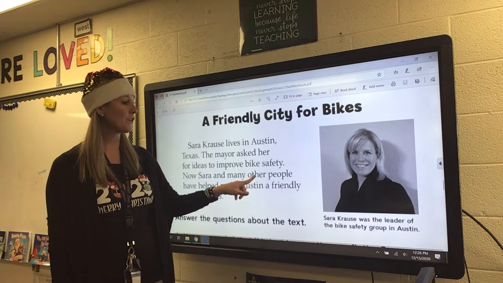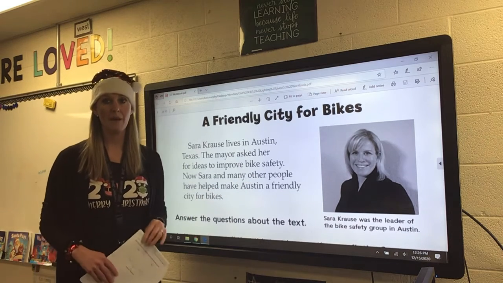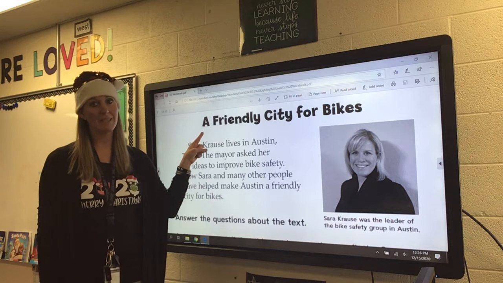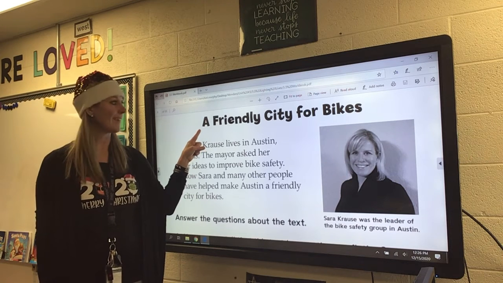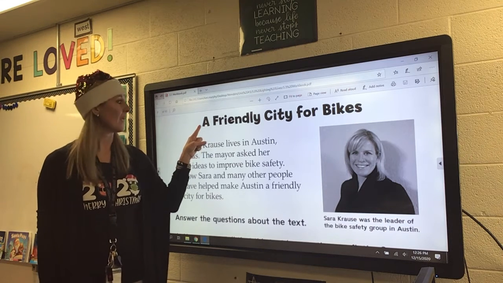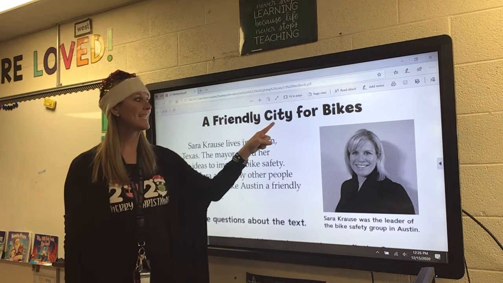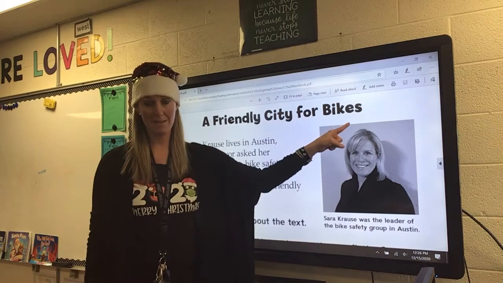Once you have your name written on the top, I would like you to put your finger on the first word of the title, which is A. And let's read the title together. A friendly city for bikes.